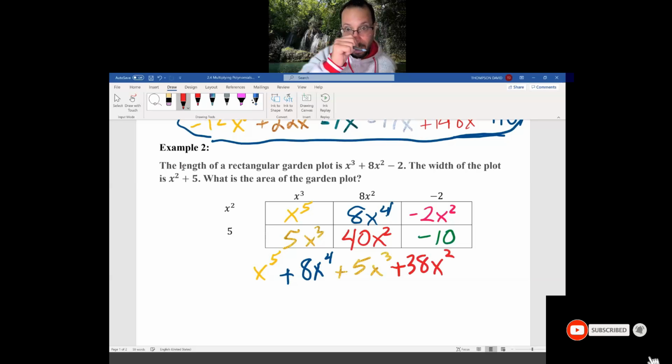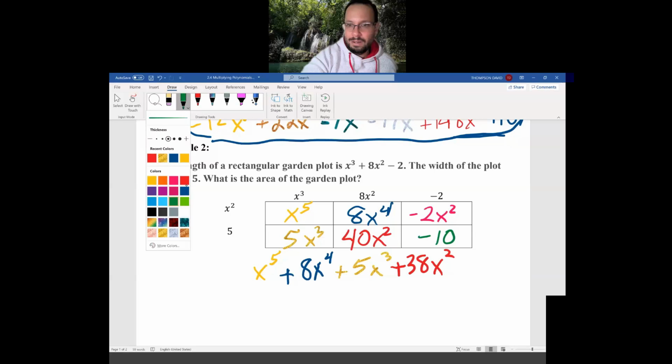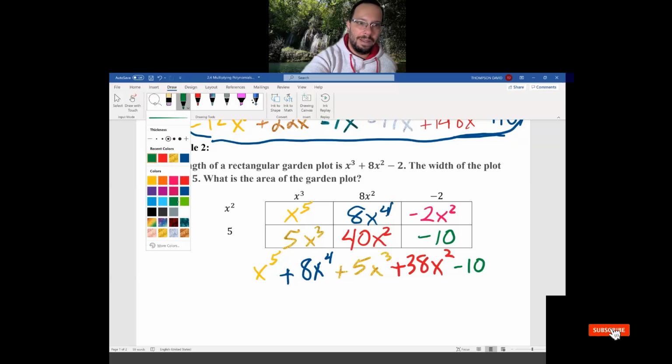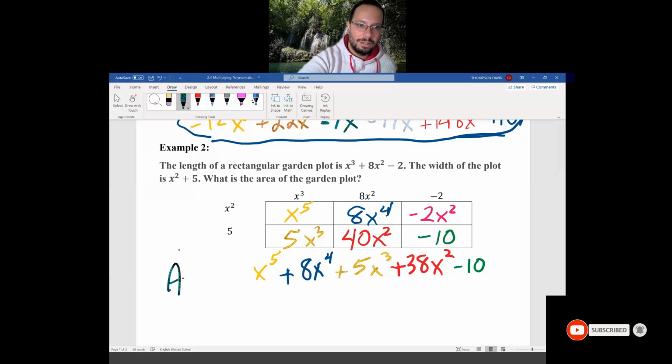So our final product is x to the 5th plus 8x to the 4th plus 5x cubed plus 38x squared minus 10 for my area. And let's just put area equals in front so we know we're talking about an area. And we are done.